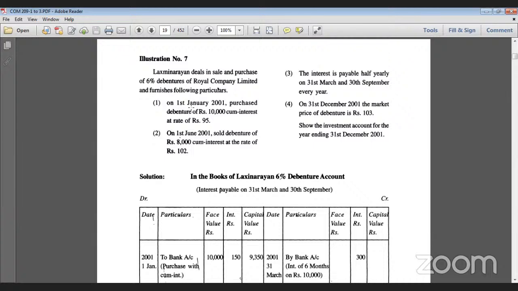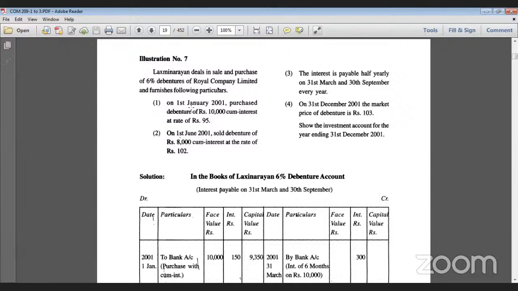On 1st June 2001, he sold debentures of rupees 8,000 cum-interest at the rate of 102. The interest is payable half yearly on 31st March and 30th September every year. On 31st December 2001, the market price of the debenture is 103. Show the investment account for the year ended 31st December 2001.